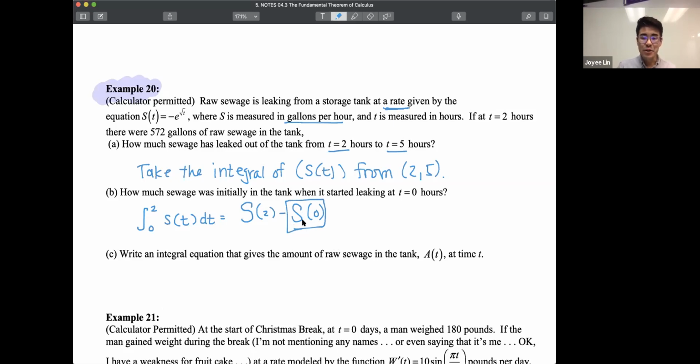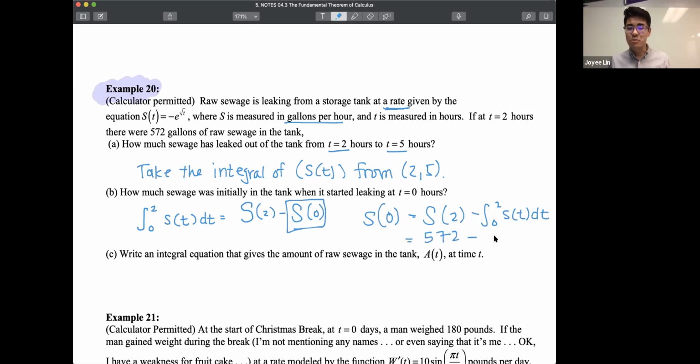So if we rearrange this equation, S of 0, which is the amount that we're starting with, is equal to big S of 2 minus the integral from 0 to 2 of S of t dt. And then we know that S of 2 is 572, right? So 572 minus the integral from 0 to 2 of S of t dt.